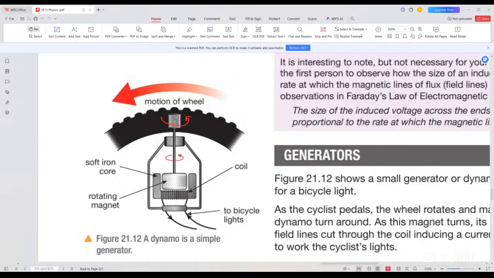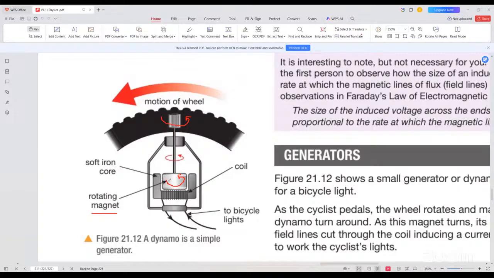There's a rod connected to the wheel, and that rod is connected to a magnet. So when the tire rotates, the upper part of the dynamo will also rotate. So what will happen? This magnet will also be rotating on this axis. Surrounding the magnet, right?